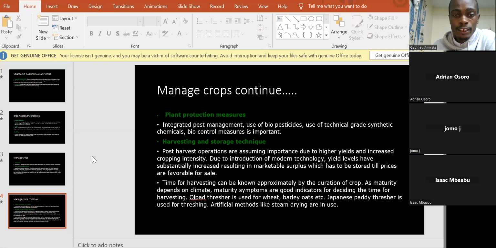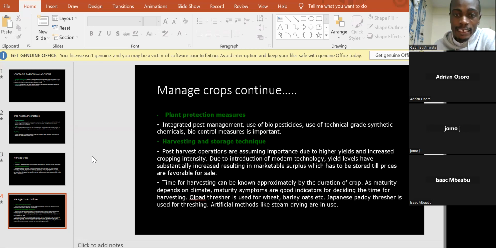This is carried out during the post-harvest operation, assuming importance due to high yield and increased crop intensity. Due to introduction of modern technology, yield levels have substantially increased, resulting in marketable surplus, which has to be stored till prices are favorable for sale.